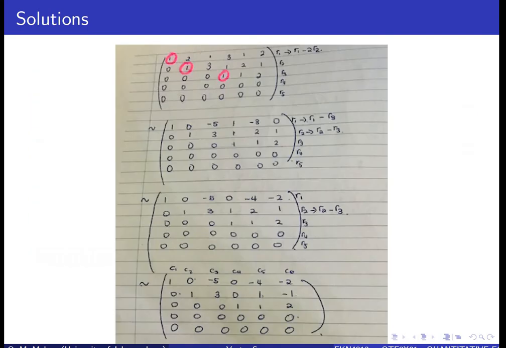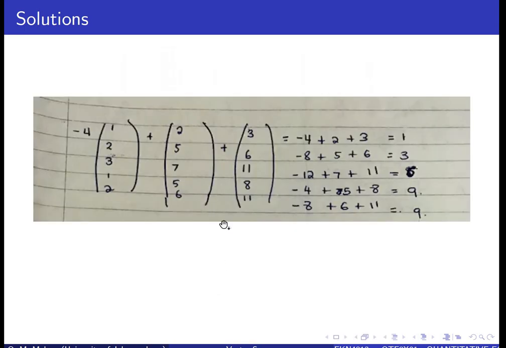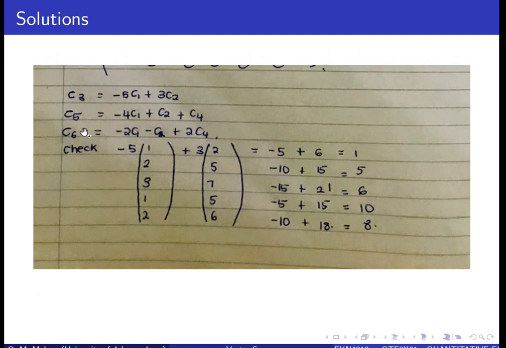So in order to get my scalar multiples, I have to row reduce my system to echelon form. C5 should be negative 4C1 plus C2 plus C4, which is here, and C6 should be negative 2C1 minus C2 plus 2C4.